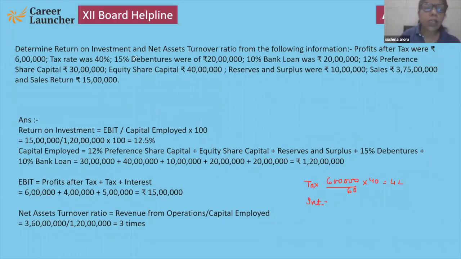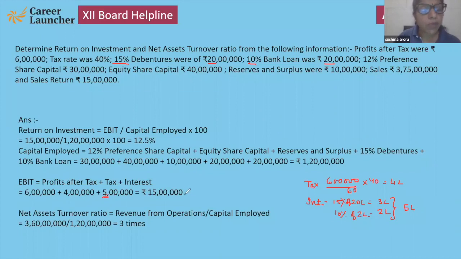For interest, there are two parts, 15% of 20 lakh and 10% of 20 lakh. First 15% of 20 lakh is 3 lakh, and then 10% of 20 lakh is 2 lakh. It means total interest will be 5 lakh.